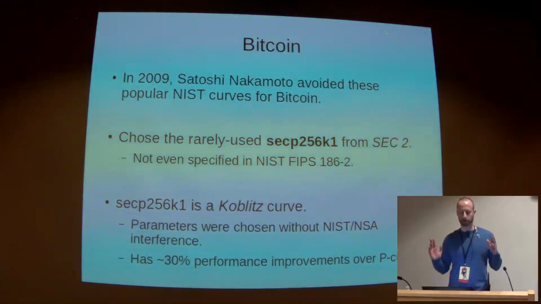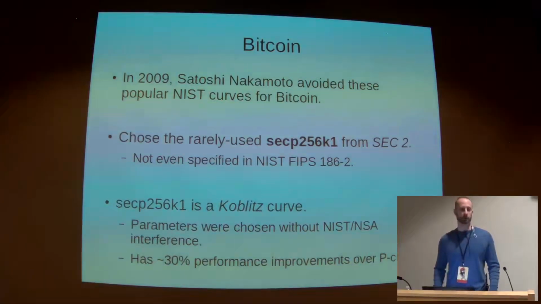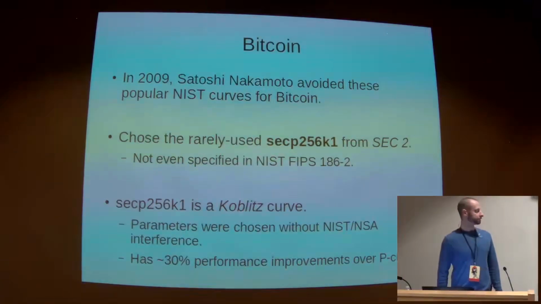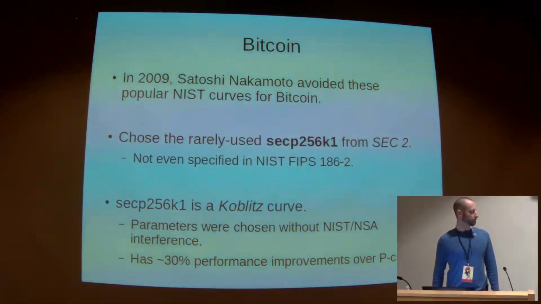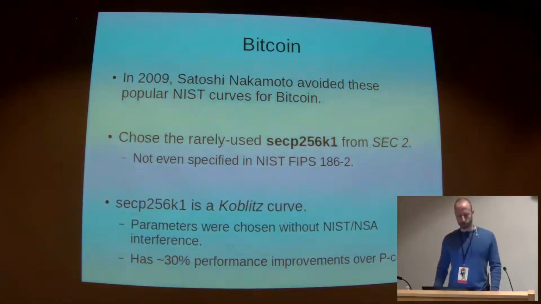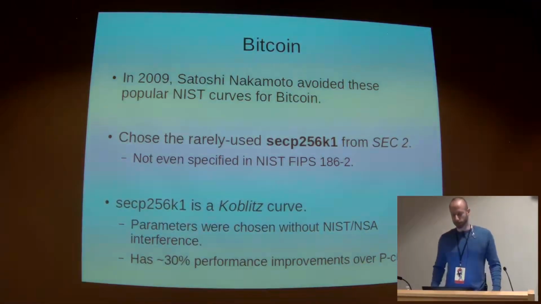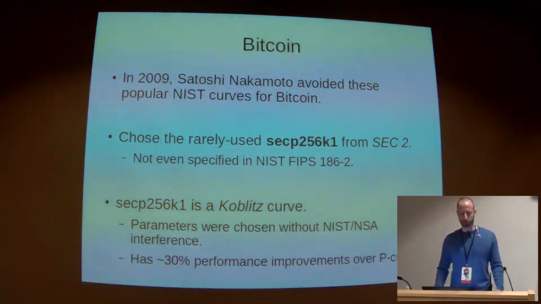It's not even defined in the NIST standard at all. They just decided they wanted to stay clear of that entirely. And if you look into that curve a little bit more, you can see that the parameters are chosen and it seems pretty decent. And it's got a nice performance benefit of 30%.